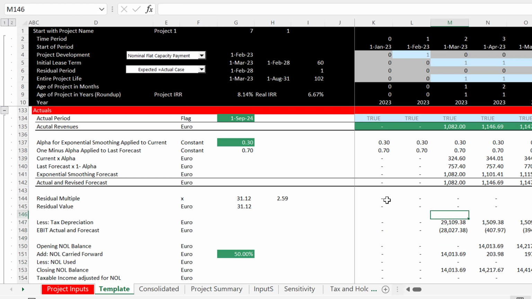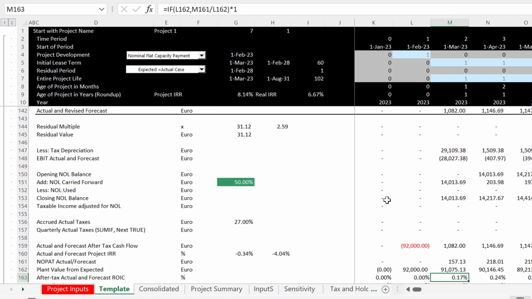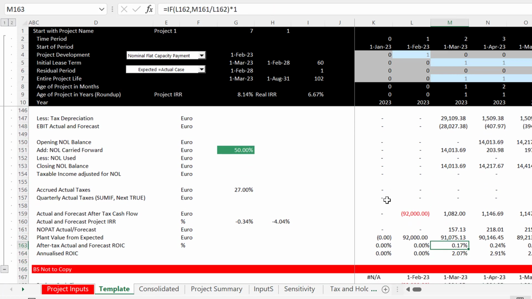And then we can take our residual value as a percent of our lease rate and make an analysis of that, and then we can put all the taxes in again using the actuals. So we have a few more lines now, with an original forecast and an actual together.